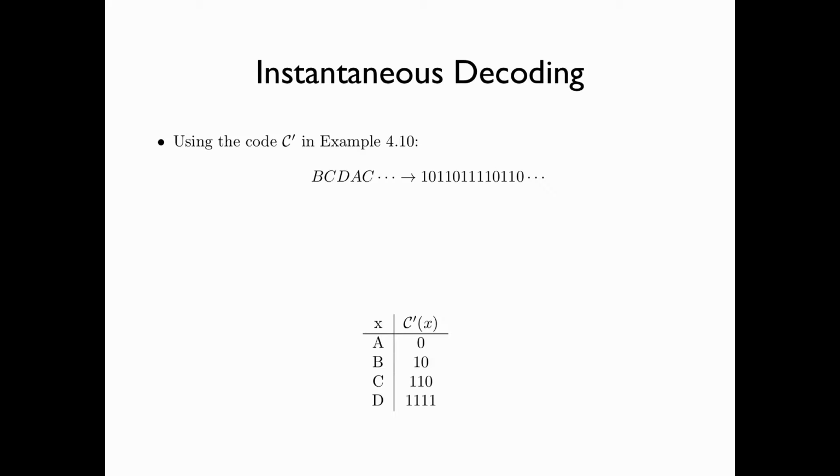Now let us discuss instantaneous decoding of a prefix code. Using the code C' in example 4.10, B is mapped to 10, C to 110, D to 1111, A to 0, and C to 110.